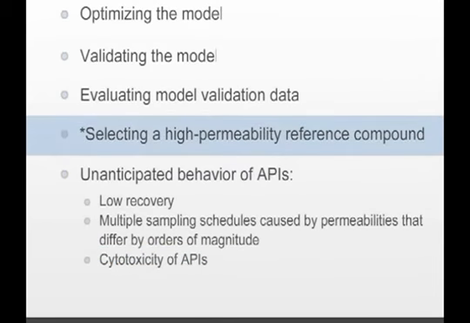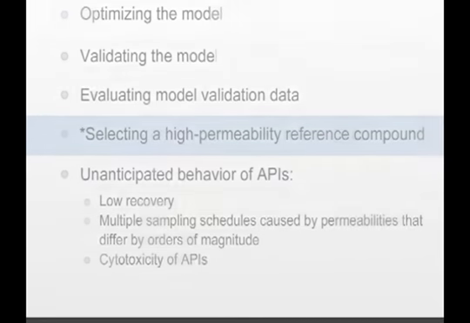The asterisk indicates that our validated system includes a significant advance in this respect, which we will highlight shortly.